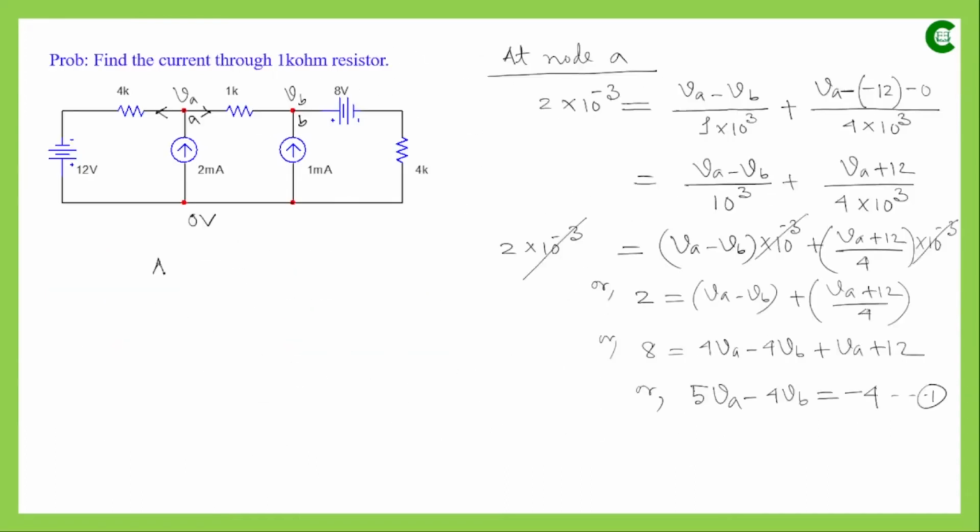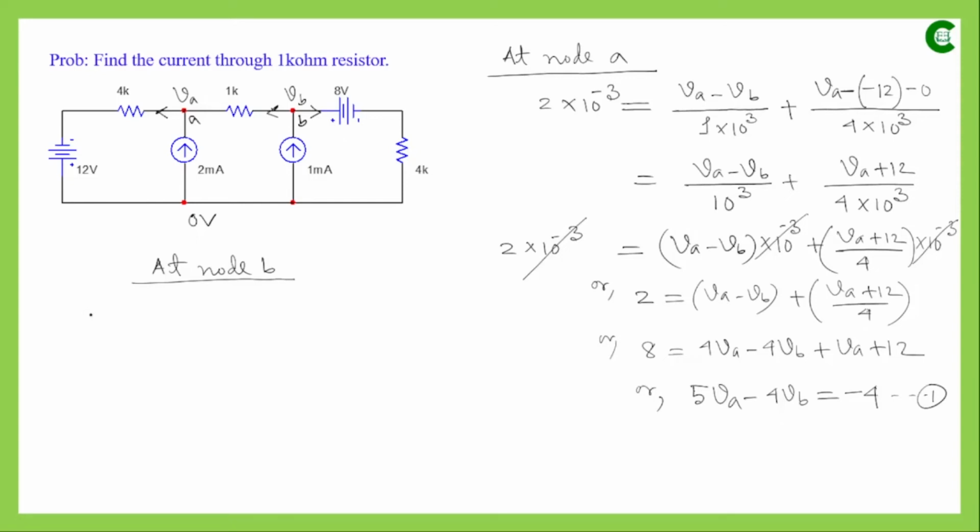Now at node B, if we apply KCL, let's see what equation we may form. At node B we can see we have three branches connected. This current source, the direction of the current is incoming with respect to this node, and for the other two branches, since their current directions are not given, we will again assume that with respect to node B, the currents are leaving that node.